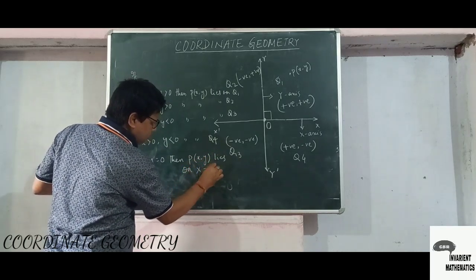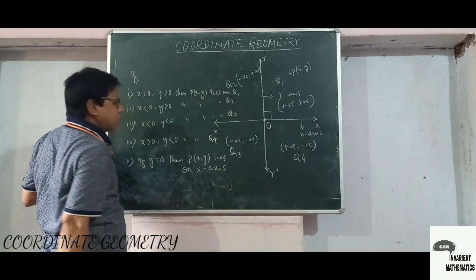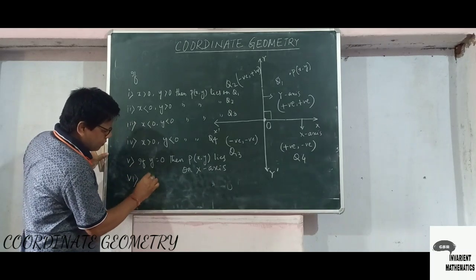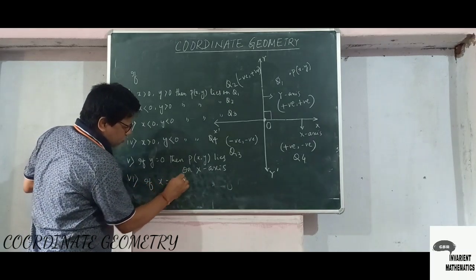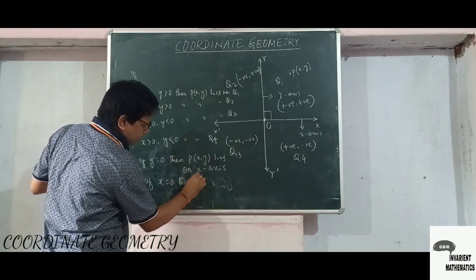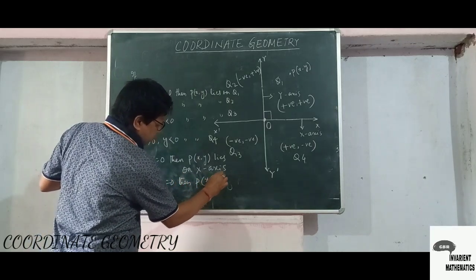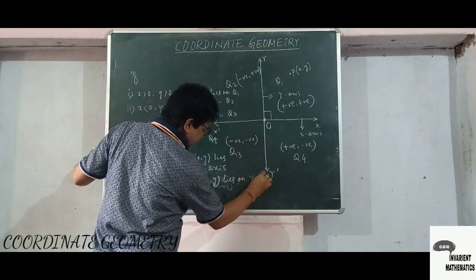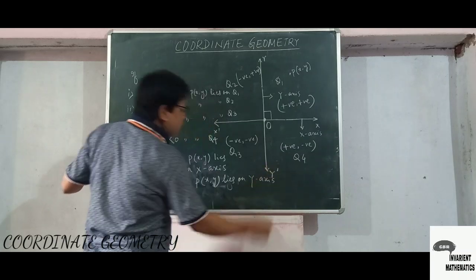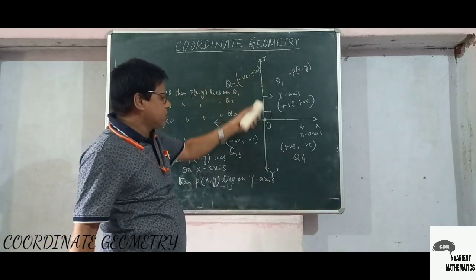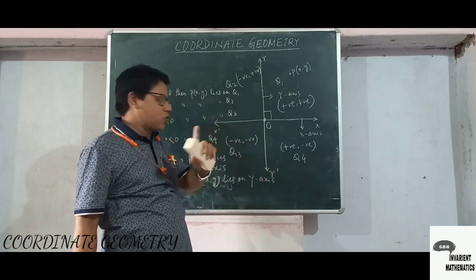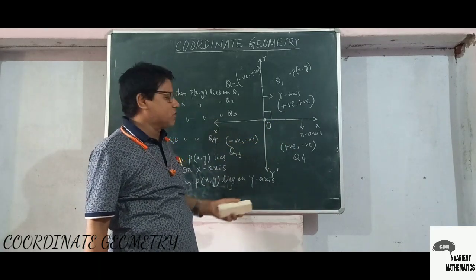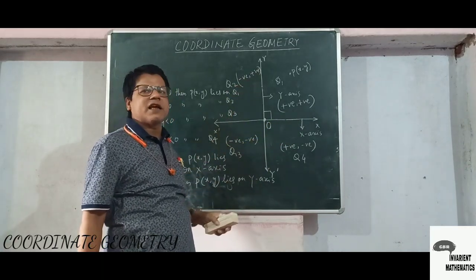That means all points on the x-axis have y-coordinate 0. Number 6, if x is equal to 0, then P(x, y) lies on the y-axis. That means every point on the y-axis has x-coordinate 0, and every point on the x-axis has y-coordinate 0.